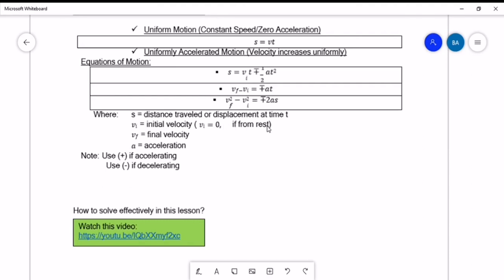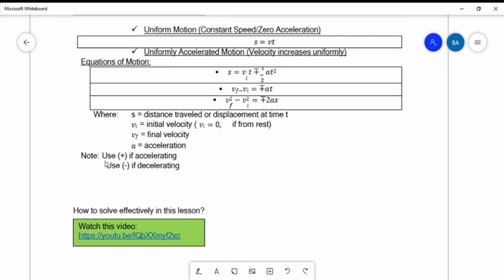So one thing you must note is that if the problem has no initial velocity but states that it came from rest in horizontal motion, then we can say automatically that the initial velocity is zero. Then v sub f is the final velocity and a is the acceleration.